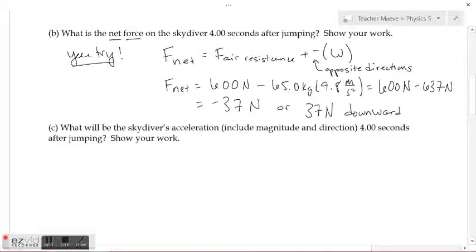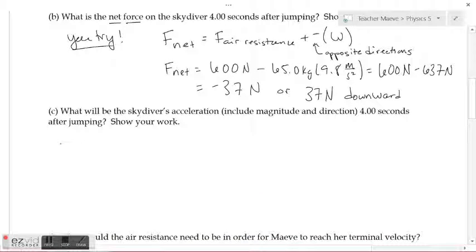Part C is saying, what will the skydiver's acceleration be, including magnitude and direction, 4 seconds after jumping? Try this on your own, and remember that acceleration is caused by net force. Okay, pause the video. And we're back. If you remembered that acceleration is caused by net force, and you remembered you were studying Newton's second law, then we've got F equals ma, and we rewrite it to get acceleration.